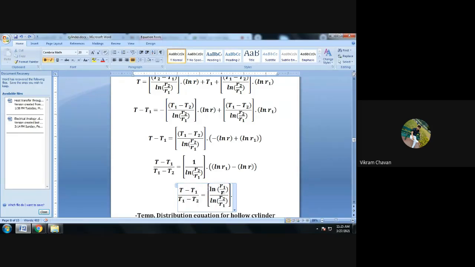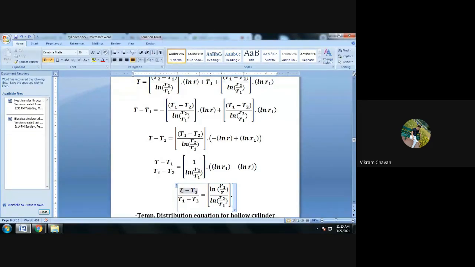We know the T1 temperature and T2 temperature, and we know the R1 radius and R2 radius. R1 is the internal radius of the cylinder and R2 is the external radius. Just put in those values, and at whatever radius you want to determine the temperature, put that radius here, and you can calculate the unknown temperature T.